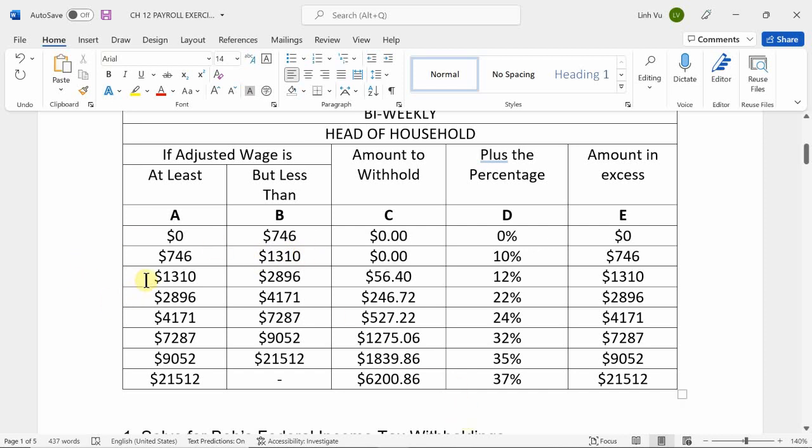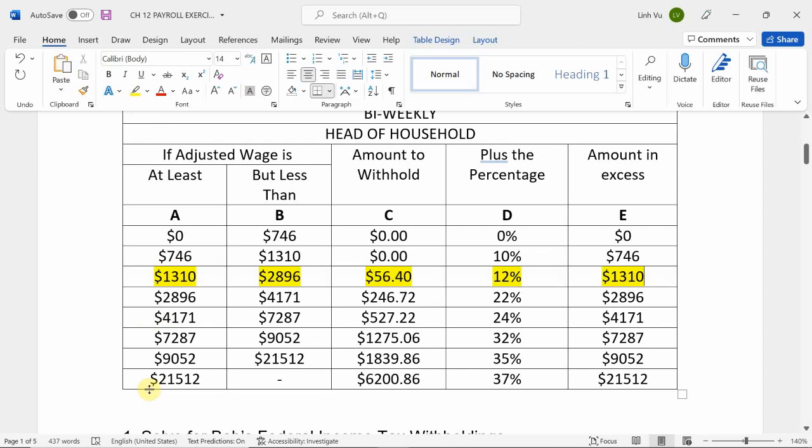So did he earn at least 1310 but less than 2890? Yes. So this is the row we're going to be looking at.